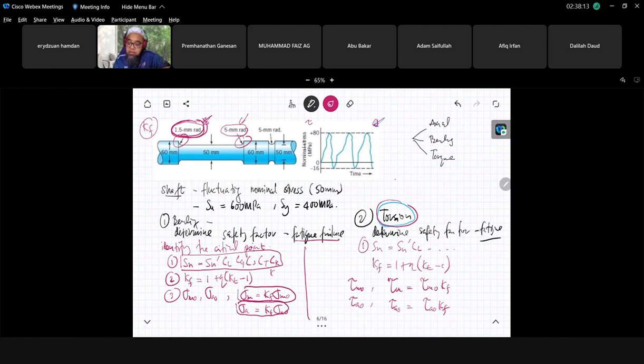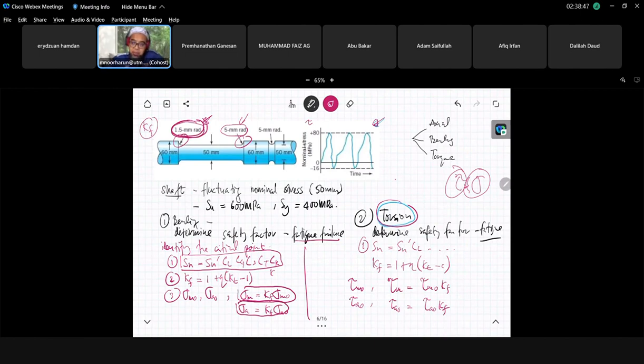So the same procedure, same method that you have used for bending, you use for torsion, because they just focus on torsion. If you have torsion shear stress and bending stress, both values, then you have to calculate using the equivalent.